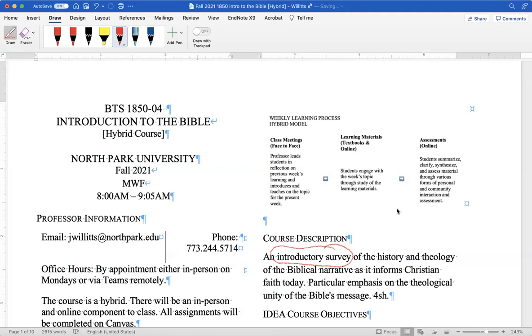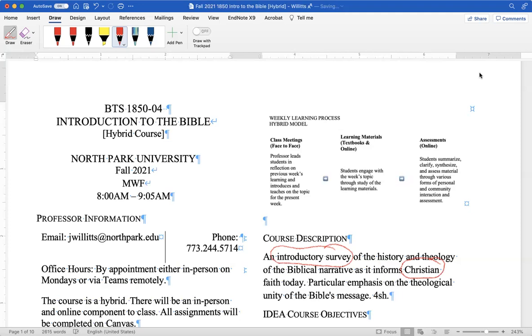Now, the second category that we need to emphasize here for this course is Christian. North Park University is unapologetically Christian. It believes that as a university, it's best in educating students when it is being Christianly. And a Christian approaches the Bible differently than other faiths would approach the Bible.